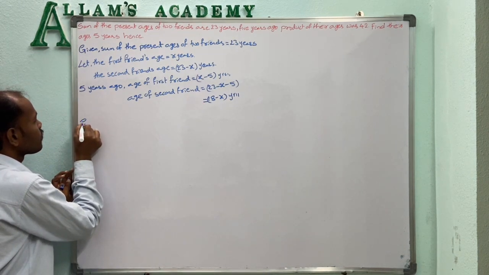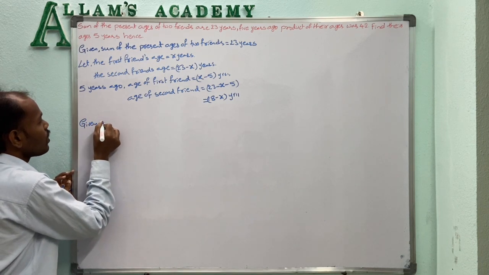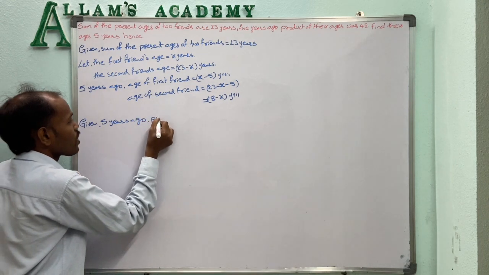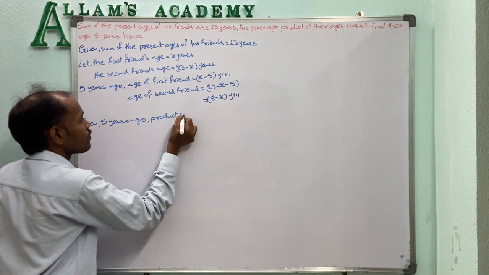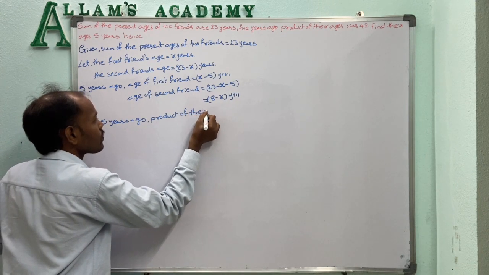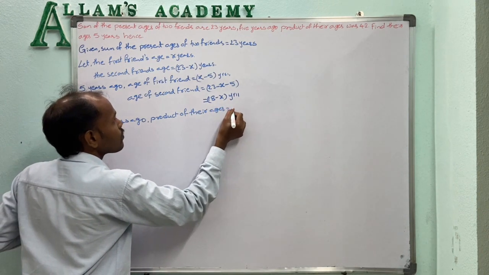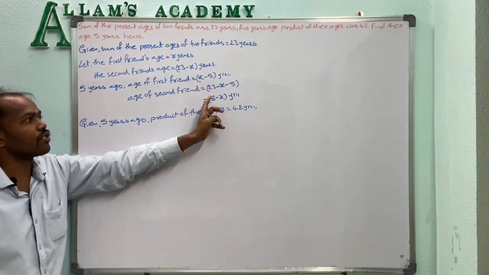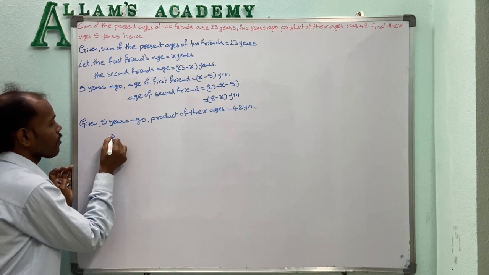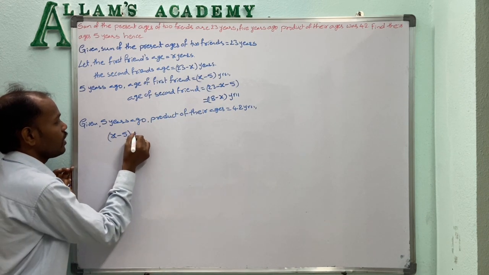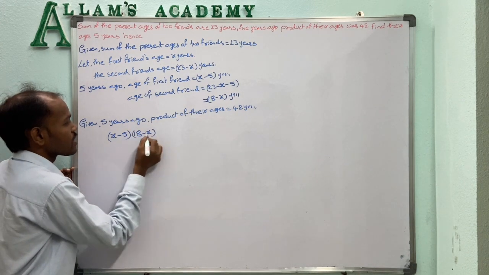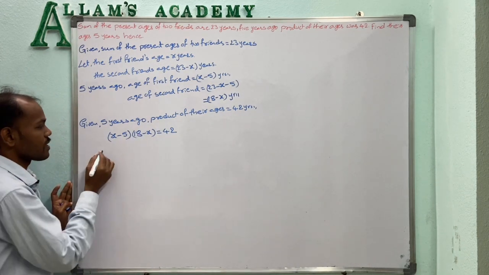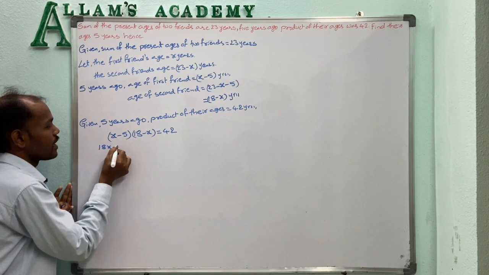So x minus 5 into 18 minus x is equal to 42. x multiplying with 18 minus x is 18x minus x square.